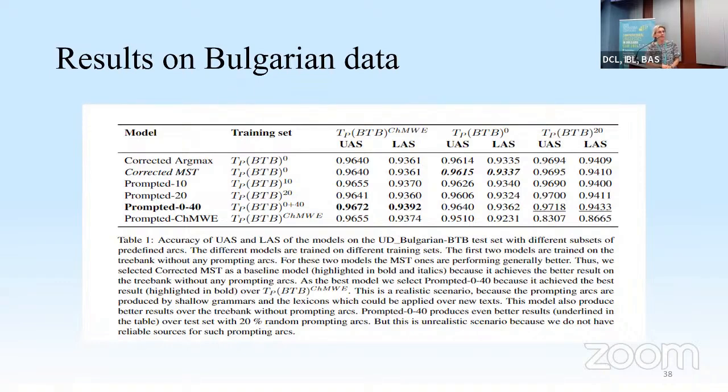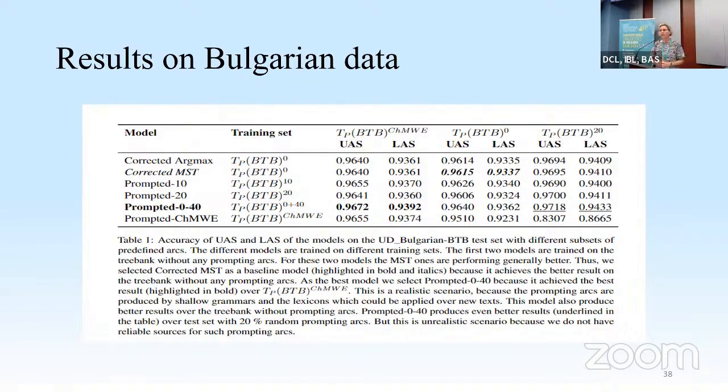On the left in bold, we have this model with the predefined arcs from our chunk grammars and also from multi-word expressions, because we have them for Bulgarian from the tree bank. It really improves the result, though not as much as on the right, the underlined numbers.